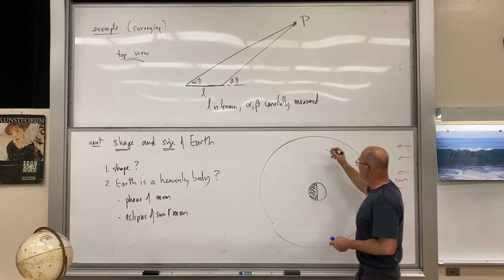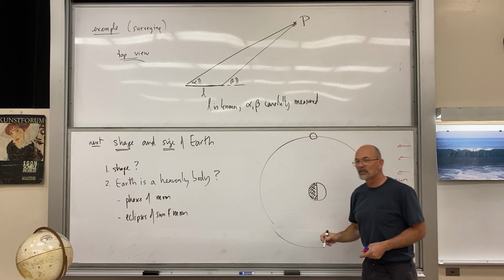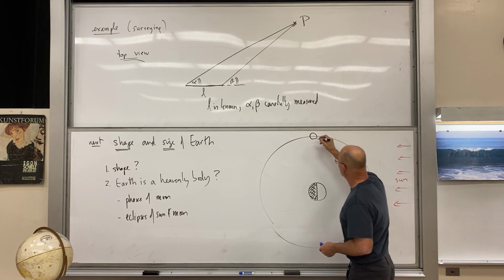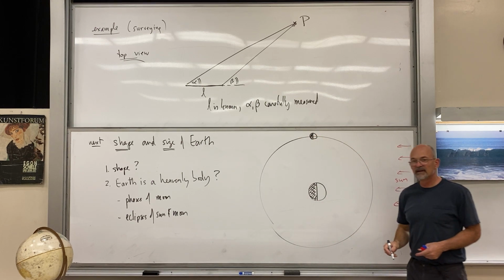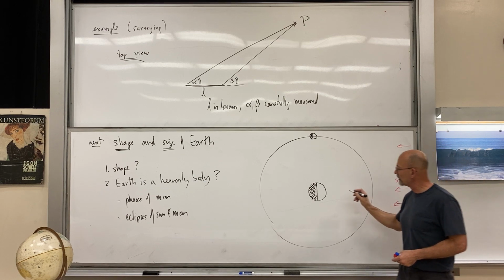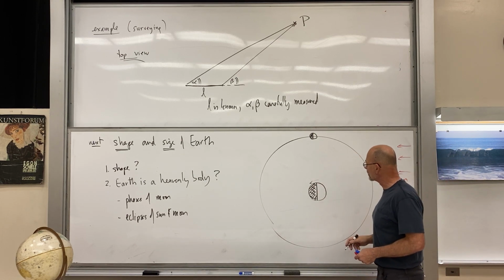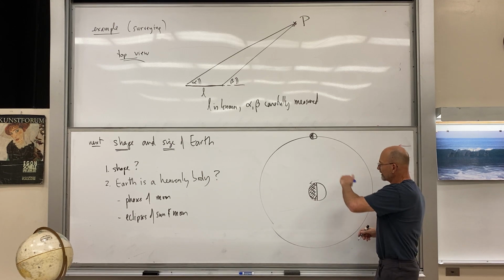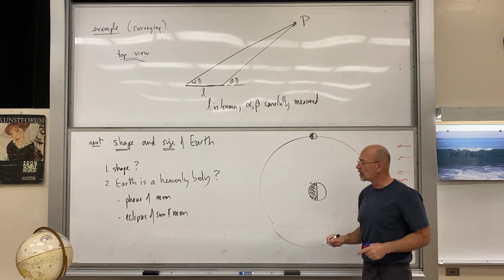Now suppose we see a moon directly overhead. Same argument. Now, suppose the Earth is rotating counterclockwise. We're looking down, say, on the North Pole.